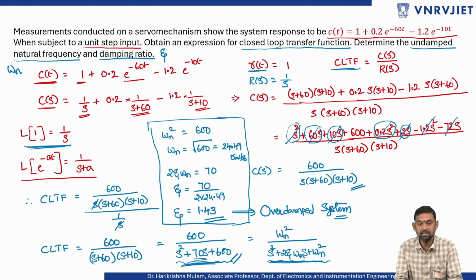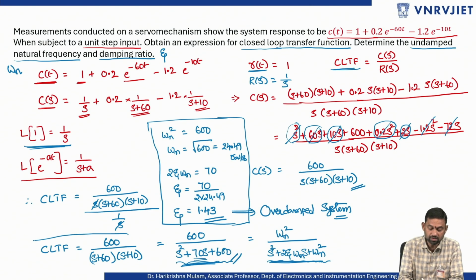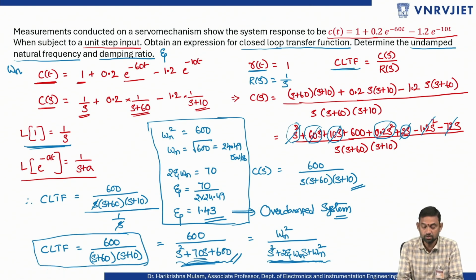You can understand this here itself. We got the transfer function of the system as 600 by (s plus 60) into (s plus 10). From this, we can understand the roots of the denominator term of this transfer function are s is equal to minus 60 and s is equal to minus 10. The roots of the denominator term, minus 60 and minus 10, are called poles of this system, closed loop poles of the system.